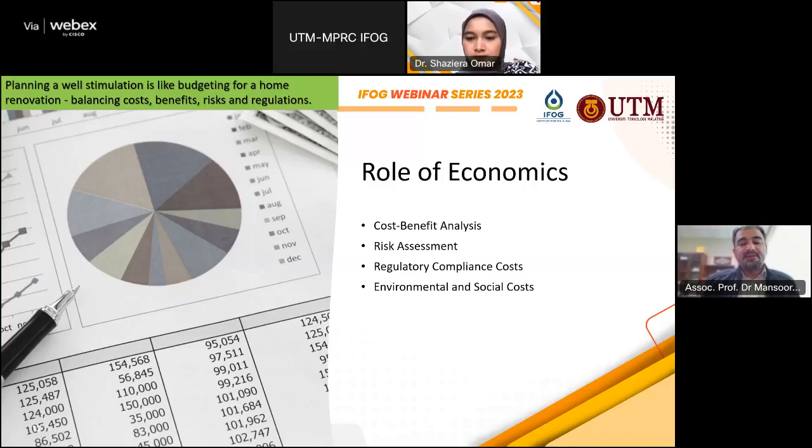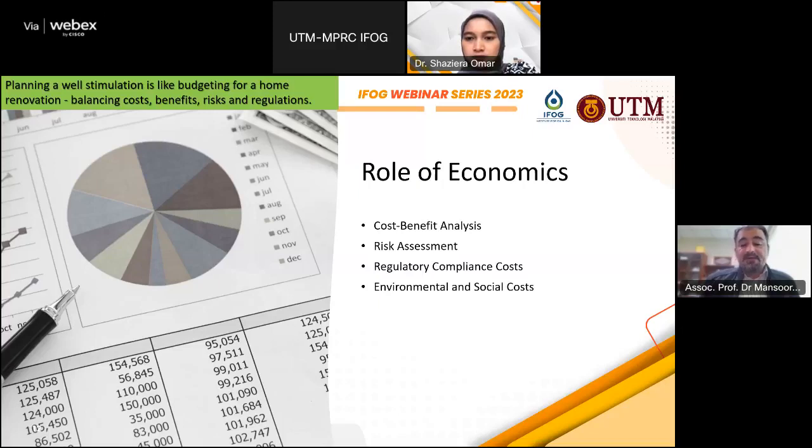A detailed economic analysis can help determine whether the potential increase in production justifies the cost of a stimulation. For example, a company might estimate that a hydraulic fracturing operation will cost $1 million, but it could potentially increase production by an additional 50,000 barrels of oil.